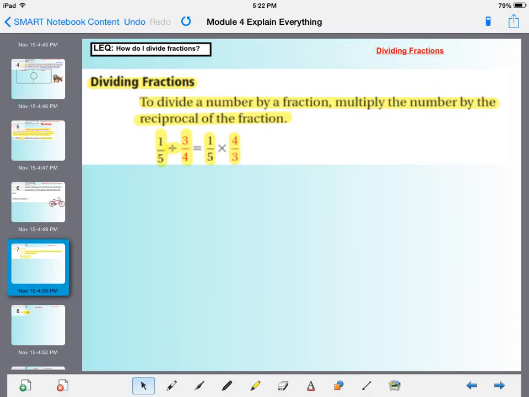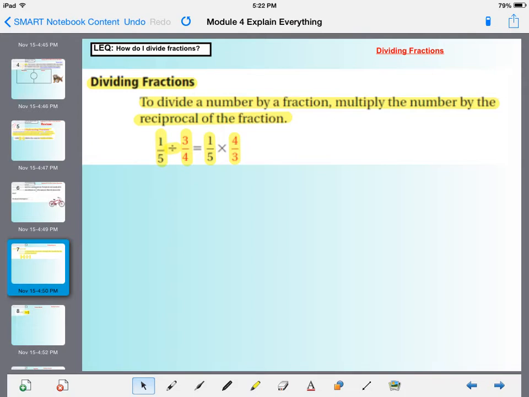Now let's move on to dividing fractions. When you divide a number by a fraction, you really end up multiplying that number by the reciprocal of the fraction. So if, for example, we started off with a fraction like 1/5 divided by 3/4, we would keep that first fraction the same. So 1/5 stays the same.